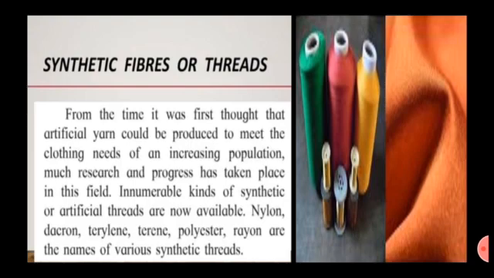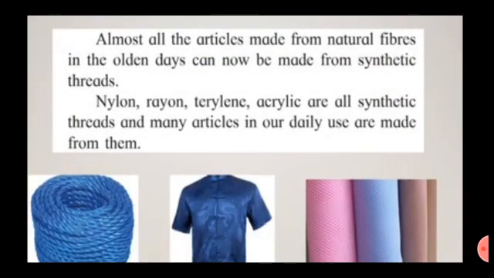Nylon, dacron, terylene, terene, polyester, rayon are the names of various synthetic threads. Almost all the articles made from natural fibers in the olden days can now be made from synthetic threads. Nylon, rayon, terylene, acrylic are all synthetic threads and many articles in our daily use are made from them.